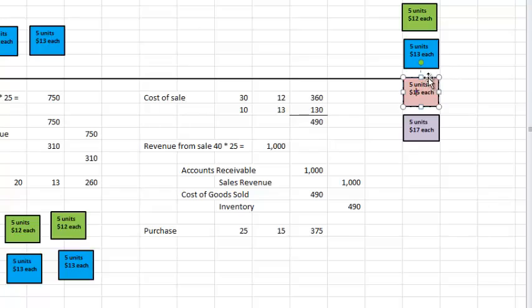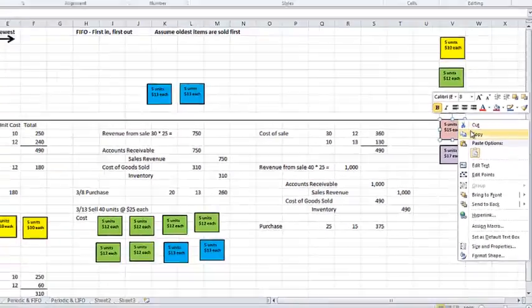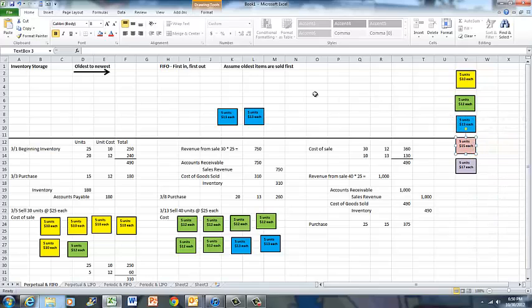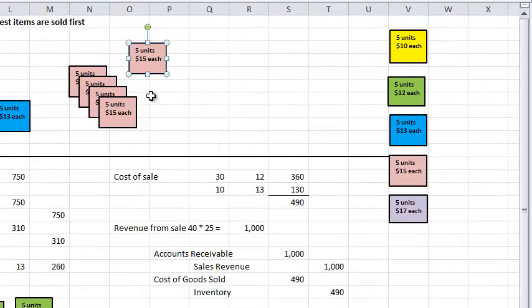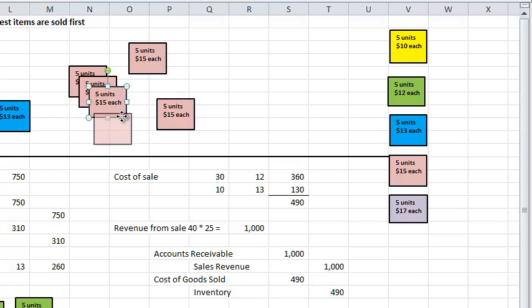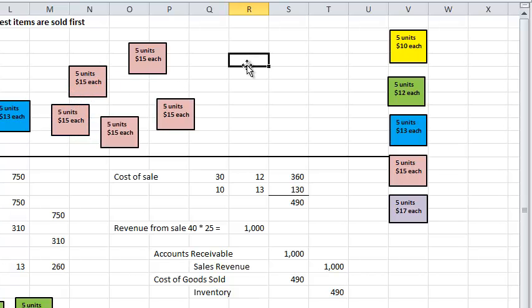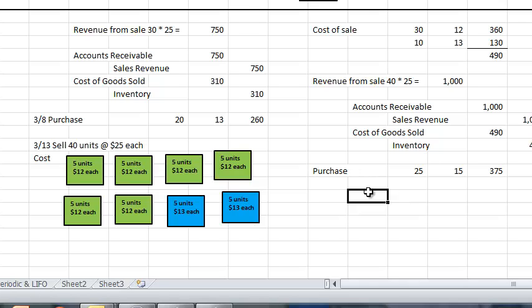Those are the pink ones. And if I purchase another 25 of them, 5, 10, 15, 20, 25, I now have $13 units and $15 units in my inventory storage. So all I have to do is debit inventory and credit accounts payable for the purchase.